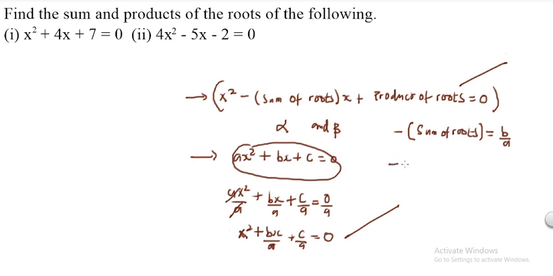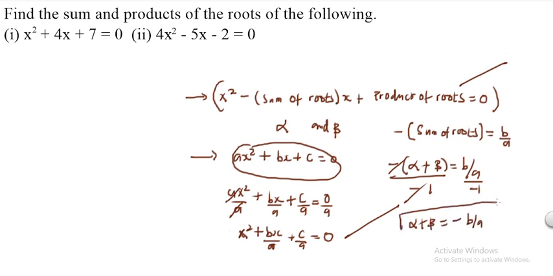So we can simply say minus (alpha plus beta) is equal to b over a. If we divide through by minus 1, from here alpha plus beta is equal to minus b over a. So this is a key relationship we are going to be using for this topic.